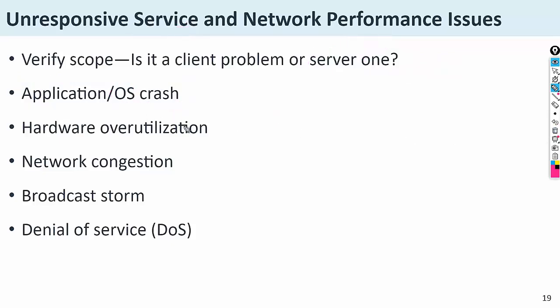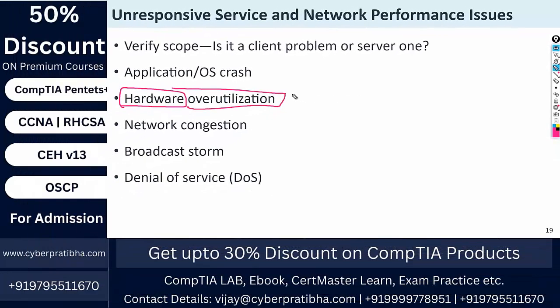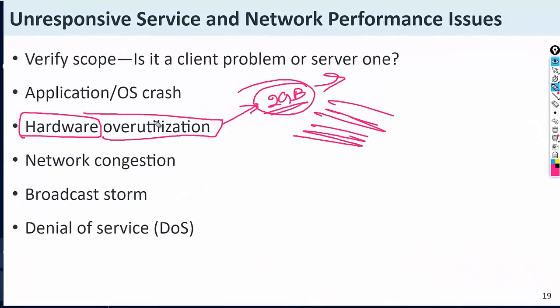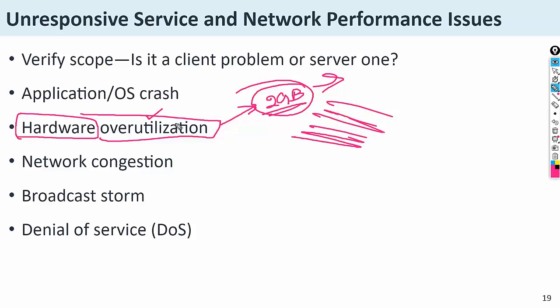And also there is a possibility of hardware overutilization. For example, your server has 2 GB RAM for your website, but there is so much traffic that the 2 GB RAM cannot handle it. This is called overutilization. It means the service requires more RAM, more hard disk size, more traffic capacity.